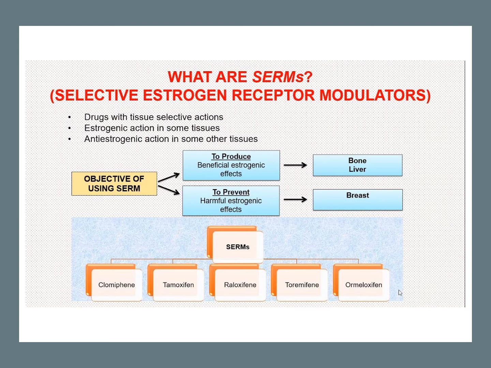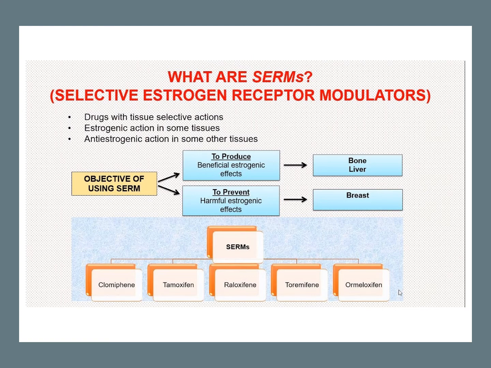In the liver, these drugs can increase the amounts of proteins that are produced, and that can lead to thickening of the blood. So they have a procoagulant effect. So you'll see that under some of the adverse effects that we're going to talk about, one of them is going to be DVTs and PEs. Okay. What else do they do?